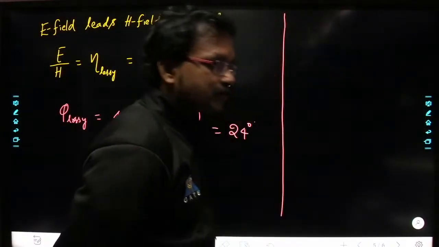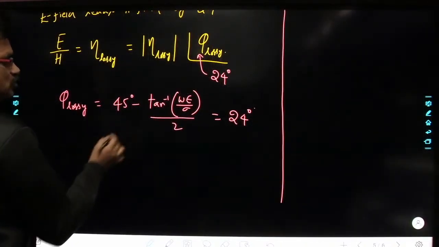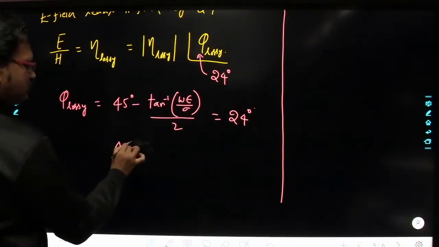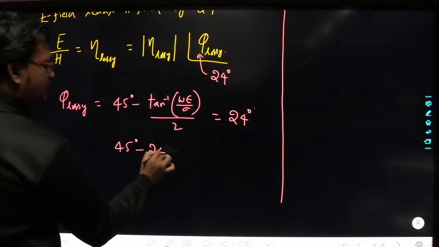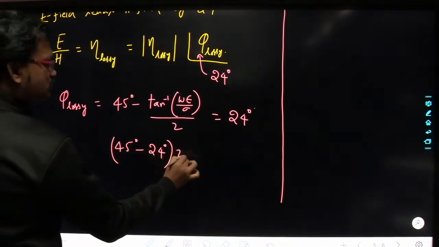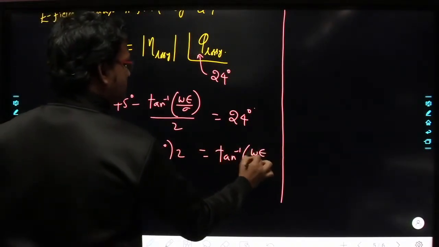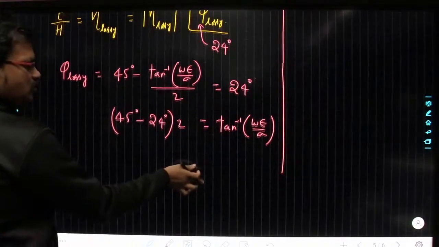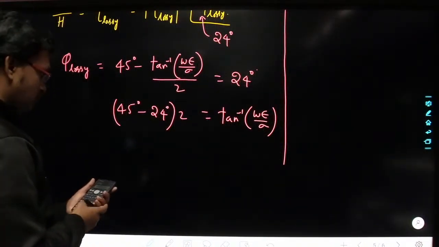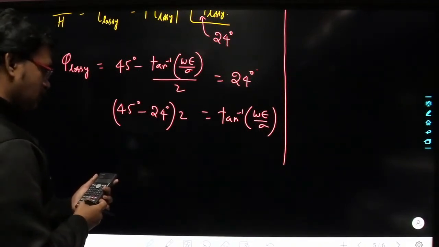Okay. So what you are going to get? 45 minus 24, into 2, is equal to tan inverse of omega epsilon by sigma. So therefore 45 minus 24 into 2 is 42.